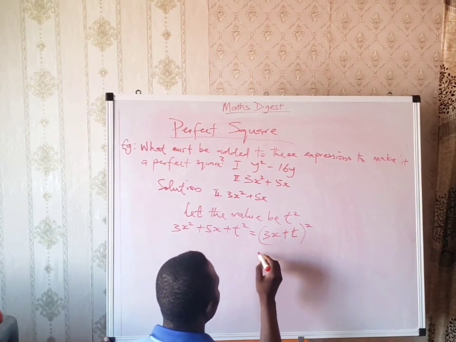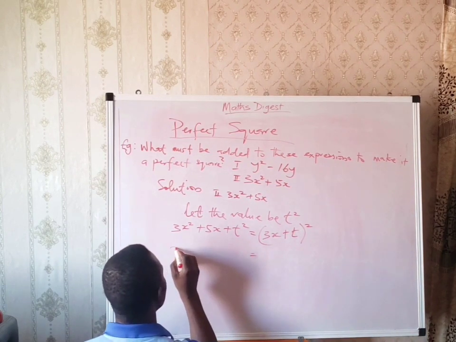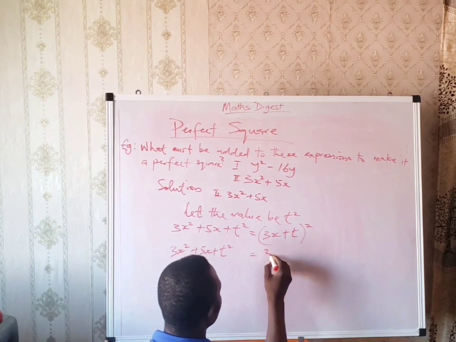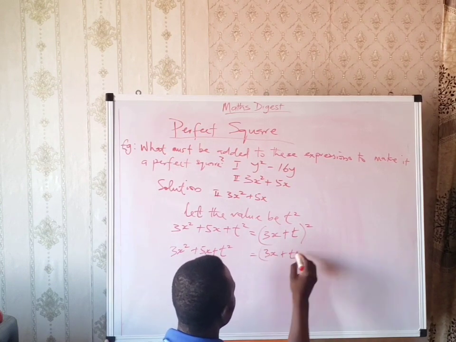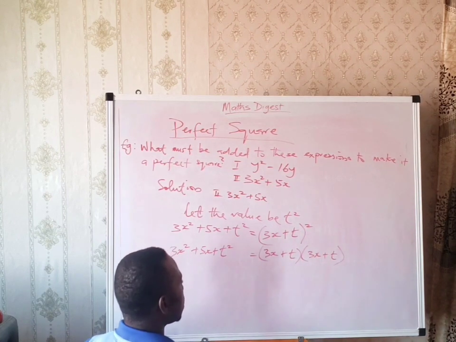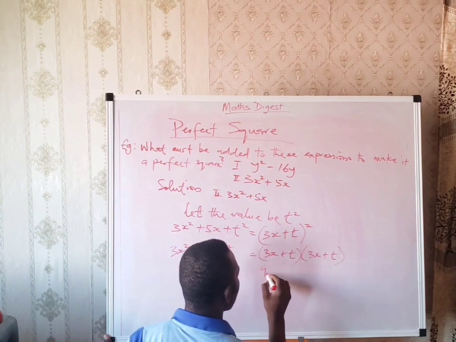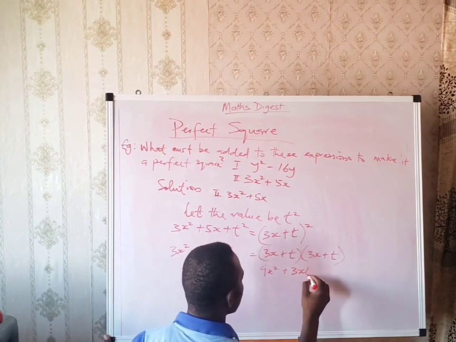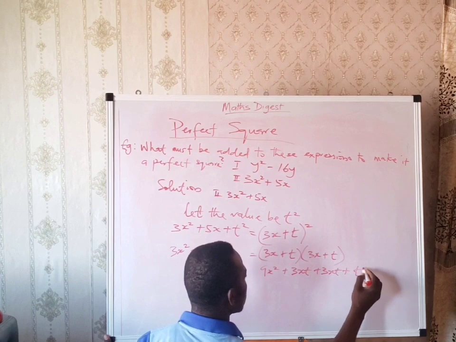Expanding this, this will be equal to, this times this is 9x squared. This times this is plus 3xt. This times this is plus 3xt, and this times this is t squared.